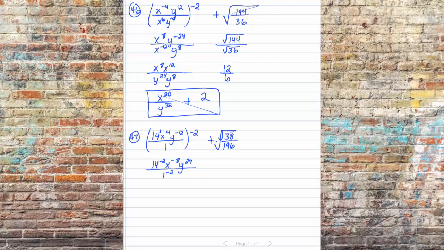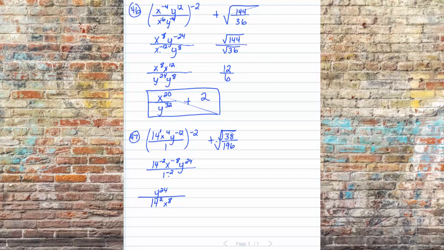We'll continue to simplify the term. 14 to the negative 2nd power is going to come down into my denominator. So 14 squared. X to the negative 8th power is going to come down into my denominator. X to the 8th power. Y to the 24th has a positive power, so it can stay upstairs.